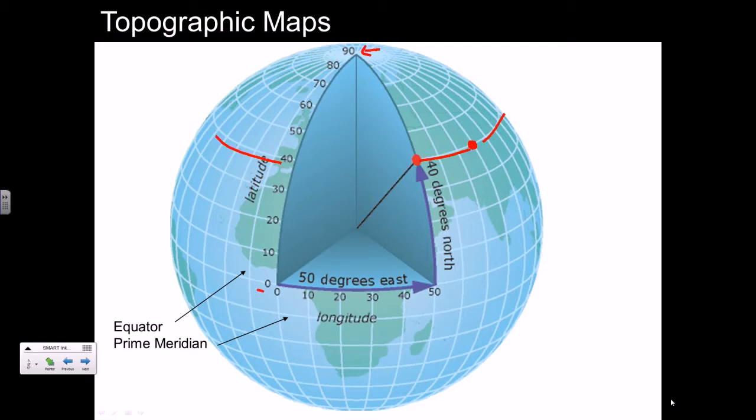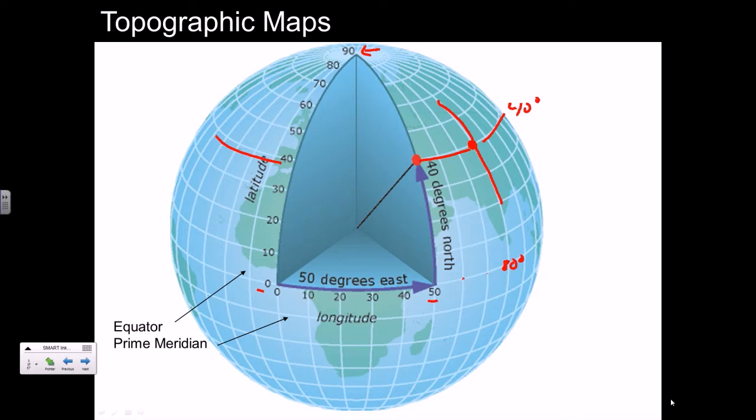Coming back to our example, which is over here in Asia, we're on the 40th parallel, so this is 40 degrees. And then we're also sitting on this line of longitude. If we start at 50 down here, we're 50, 60, 70, 80 degrees of longitude.